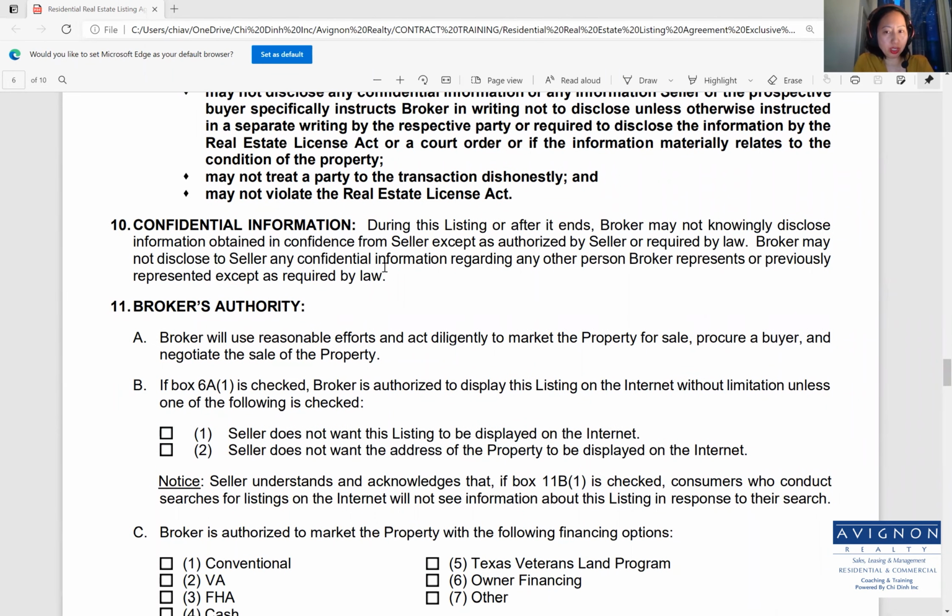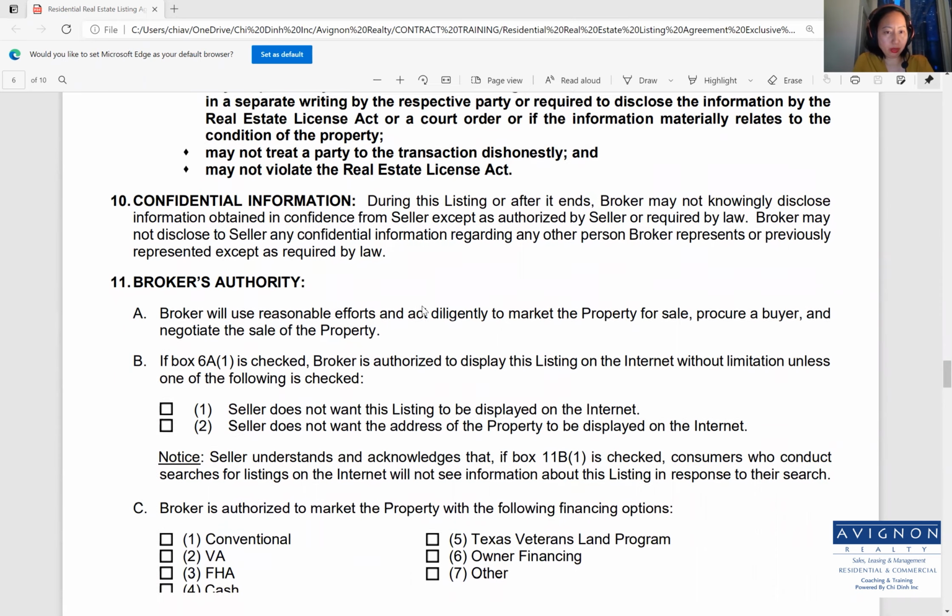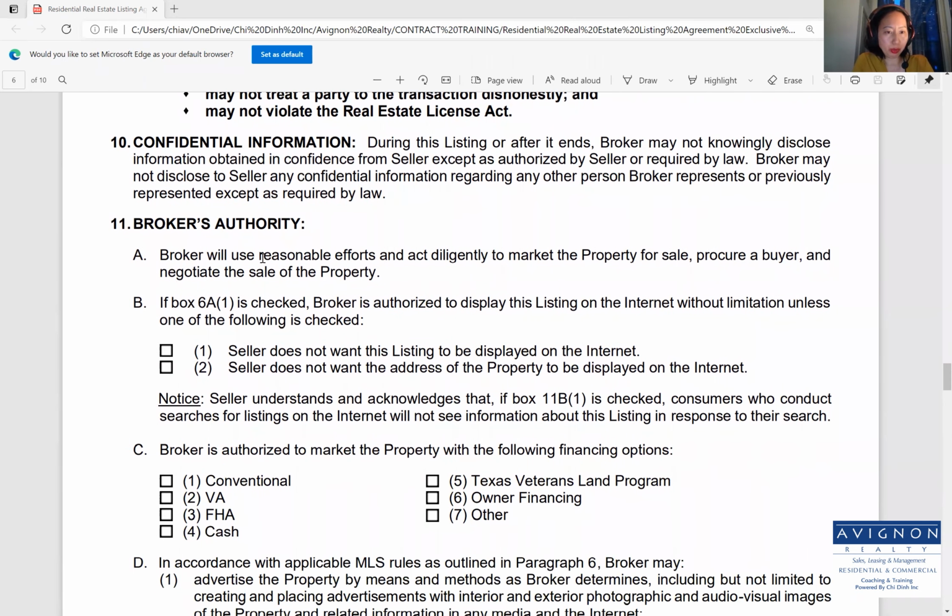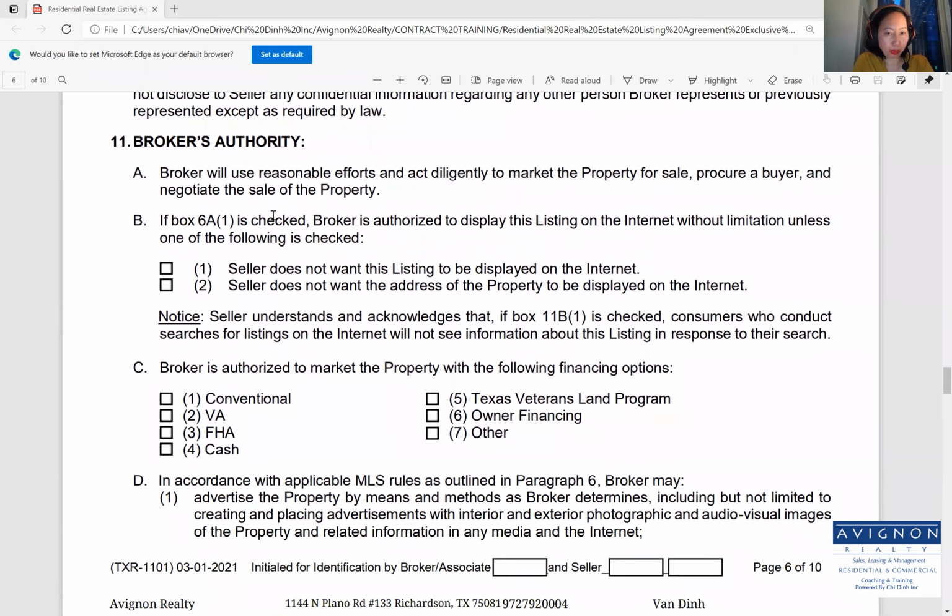Confidential information: during this listing or after it ends, broker may not knowingly disclose information obtained in confidence from seller except as authorized by seller or required by law. Straightforward. And then broker's authority. And what that looks like under broker authority.